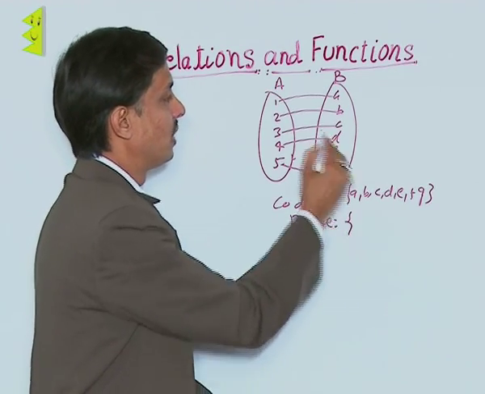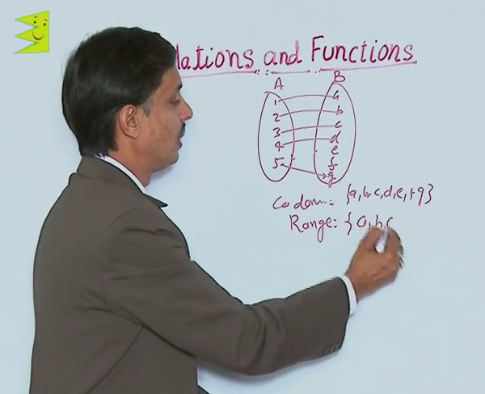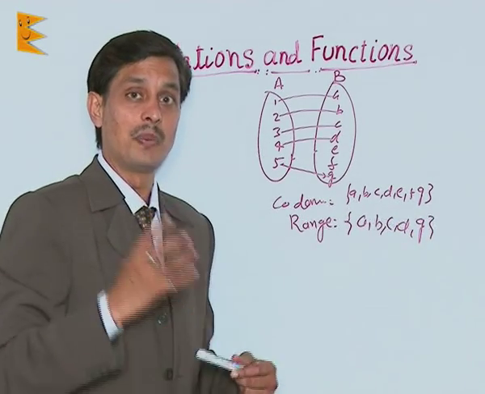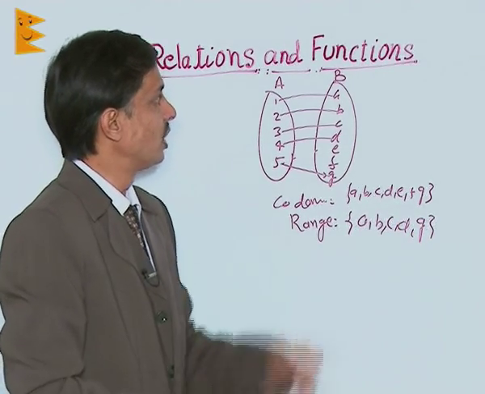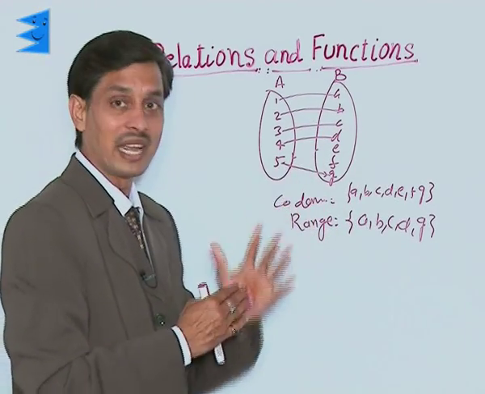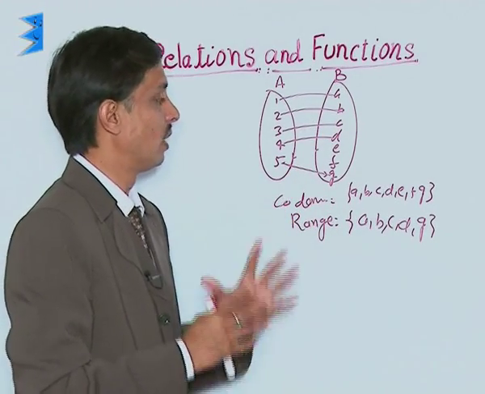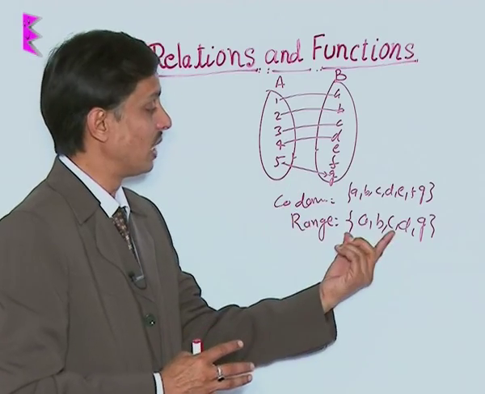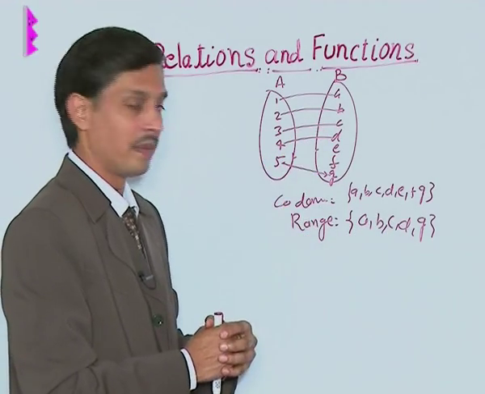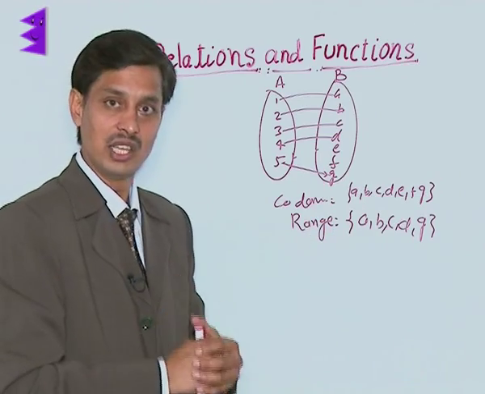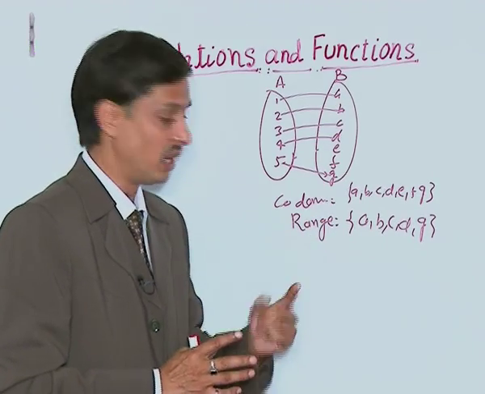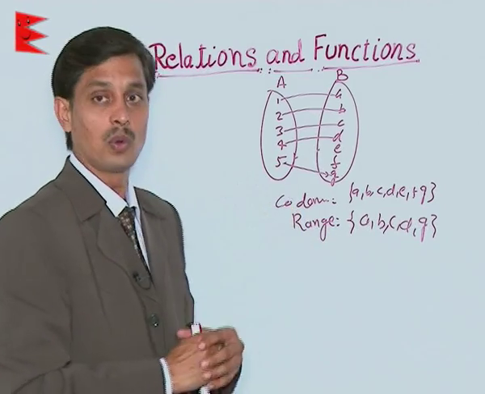The range of the same function will be A, B, C, D and G. So you must clearly understand the difference between range and codomain. Each element of the second set is in the codomain, whereas only those elements which are used for mapping are known as the range. So the range is a subset of the codomain.